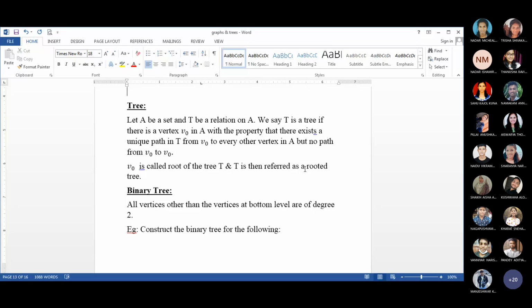Okay, no path from V0 to itself. If such a vertex exists, that vertex is known as the root of the tree, and that T is then referred to as a rooted tree.